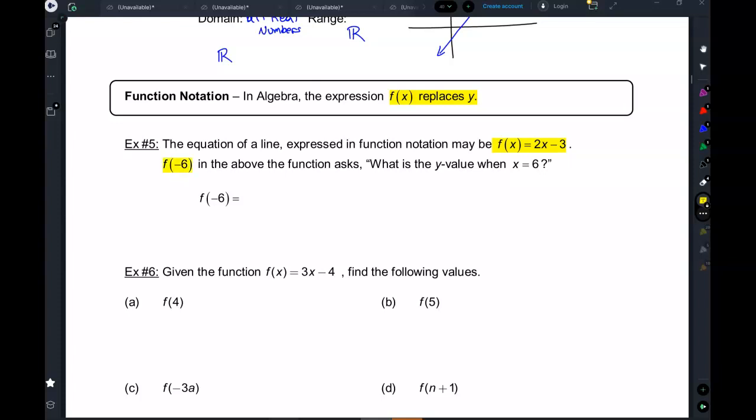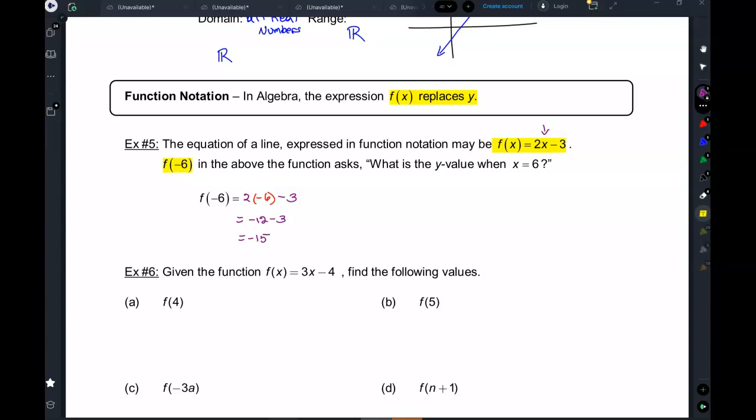If I ask you what is f of negative 6, I'm basically asking you what is the y value when x equals negative 6. So for f of negative 6, I'm going to take that negative 6 and put it in place of all of the x's. So it's going to be 2 times negative 6 minus 3. Now you want to do the operation and see how much that is. So that's negative 12 minus 3, negative 15.